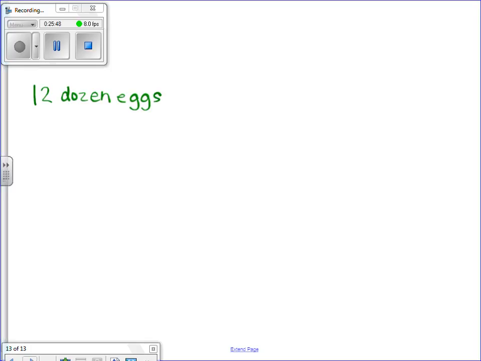Now, does that mean 12 eggs? No, it does not. That means 144 eggs. If you don't know your times tables, 12 times 12 is 144. You might need to multiply it out to the side.